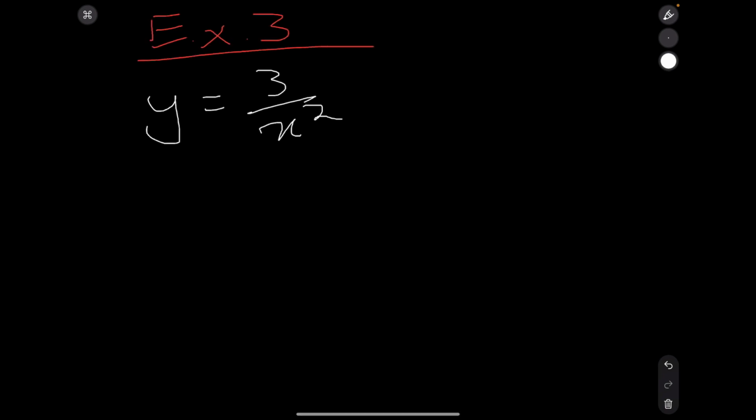Okay, this is the third example. This one is a little bit trickier. My advice for these types of questions, if it's a fraction over an x term, is that we would have to rewrite it so we can differentiate it. So this can be rewritten as 3x to the negative 2, which is just your basic index laws.